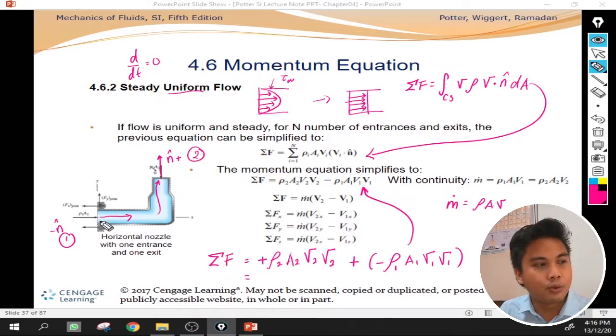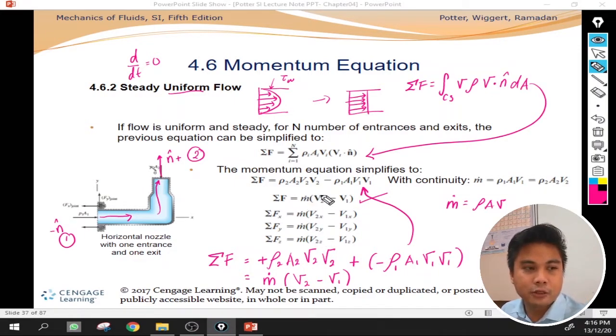From point number 1 to point number 2, we can say that the mass flow rate is constant for points 1 and 2. The only difference here is the velocity, velocity 2 minus velocity 1. So we can say this equation is exactly the same as this form: F equal to mass flow rate times velocity 2 minus velocity 1.